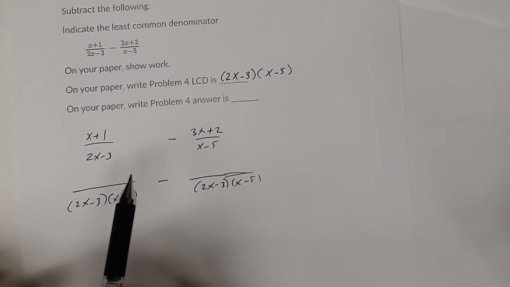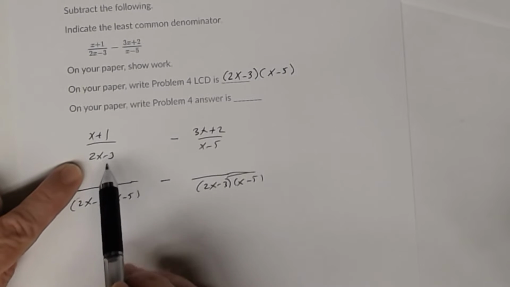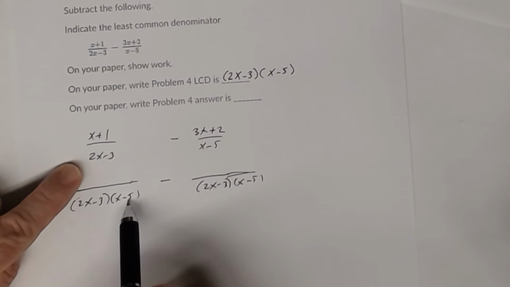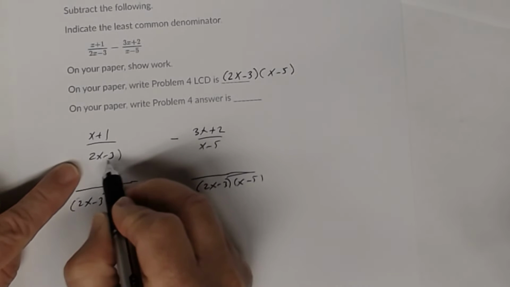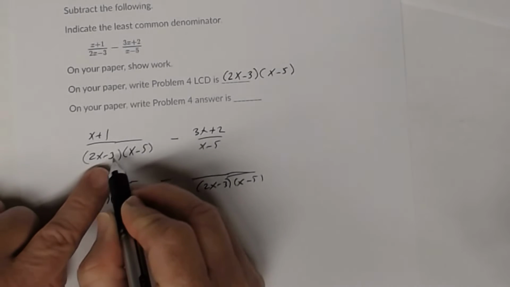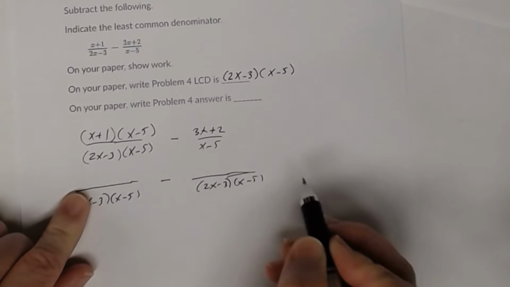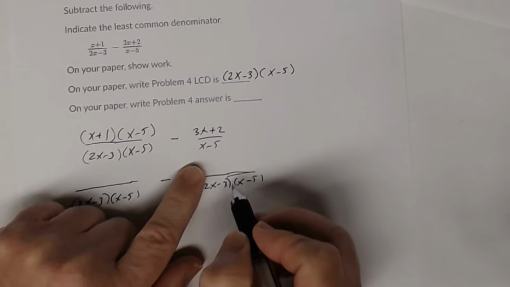All right, so remember what you need to do. If you look at that first rational expression, I have a 2x minus 3, but I need to multiply by x minus 5, right? So what that means is that if I'm going to multiply that denominator by x minus 5, I've got to do the same thing to the numerator. Same thing here. Here's an x minus 5.